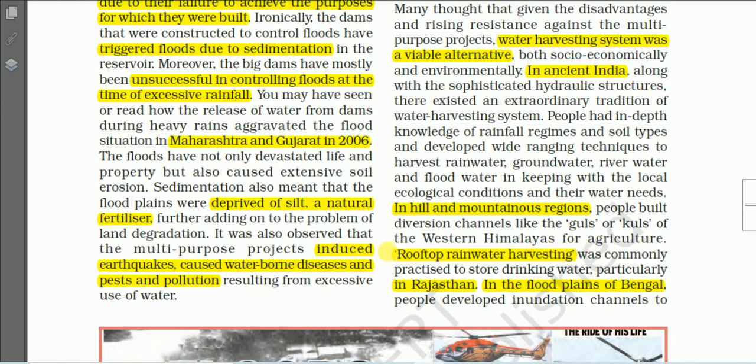Next we have rooftop rainwater harvesting. It was commonly practiced to store drinking water, particularly in Rajasthan. Not only in Rajasthan, but in different parts of India, including Meghalaya and Tamil Nadu, rooftop rainwater harvesting is practiced for drinking and for other purposes.